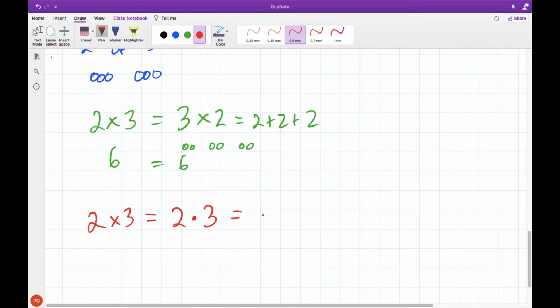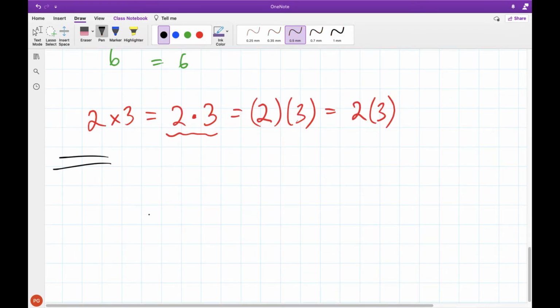You might also see 2 in brackets and 3 in brackets like this. This also means multiplication. You could also just have 1 in brackets and then the other out front. All of these things mean the exact same thing. Personally, I really like this one with the dot.